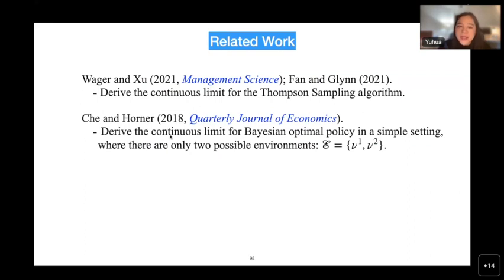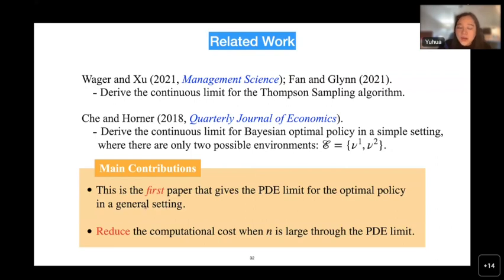They derive a continuous limit for the Bayesian optimal policy, but the setting only works if the environment includes 2 elements. Our work is much more general. We can work on continuous environments, and it also reduces the computation cost through the PDE limit.